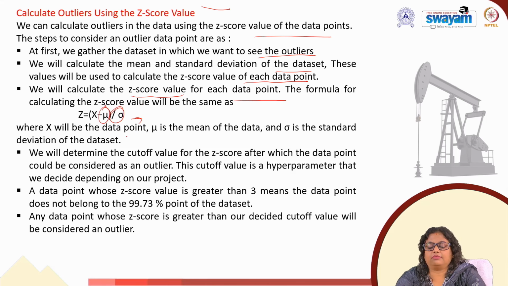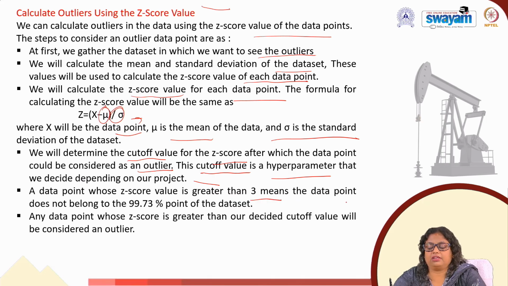Here x is the data point, mu is the mean of the data, and sigma is the standard deviation of the data set. Then we determine the cutoff value for the Z score, after which the data point would be considered an outlier. This is not given by default. We require to determine the cutoff value. This cutoff value is a hyperparameter that we decide depending on our project. So a data point whose Z score value is greater than 3.